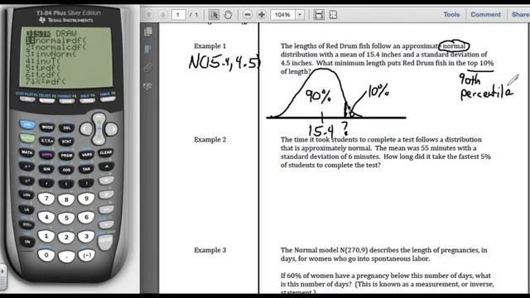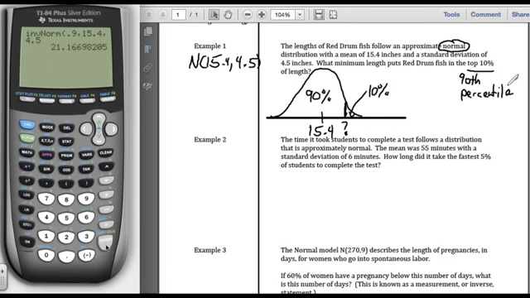I have the percentages. I want to know the marker, so I'll select the inverse norm, number 3. You enter the left-hand percentage as a decimal, so it'll be 0.9, comma, the mean is 15.4, standard deviation would be 4.5.